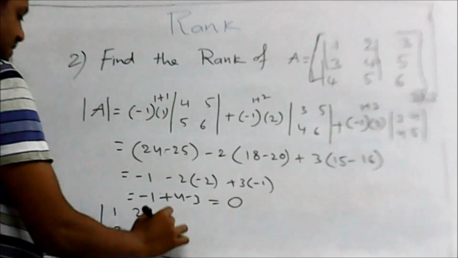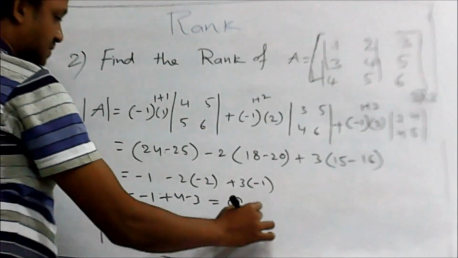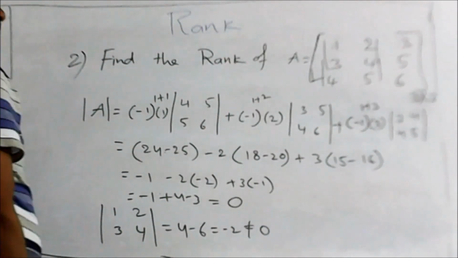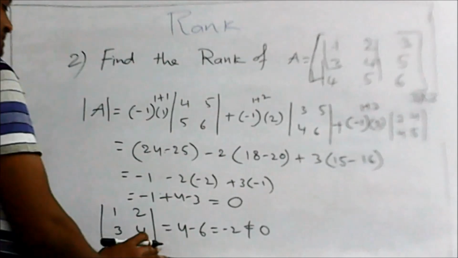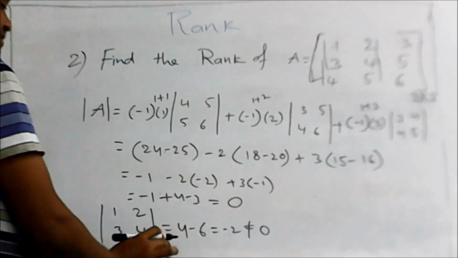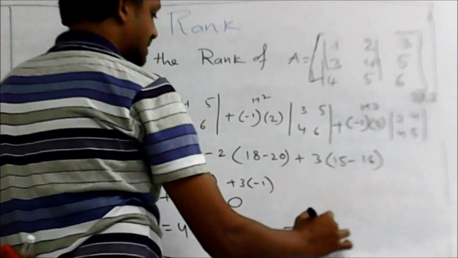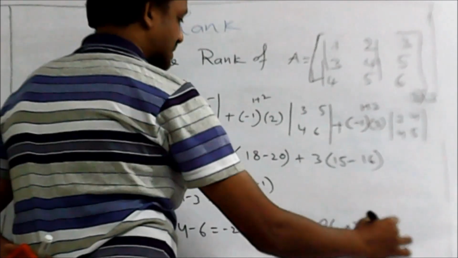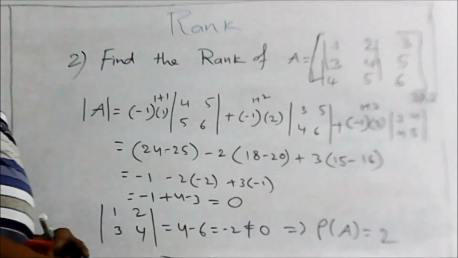What is the determinant of this? 4 minus 6, it is minus 2, it is not equal to 0. So we found a minor of size 2 cross 2 that is non-zero, which implies rank of A is 2. You can simply say rank of A is 2. Right? So this is the way you can find the rank.